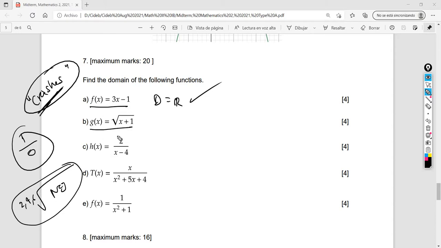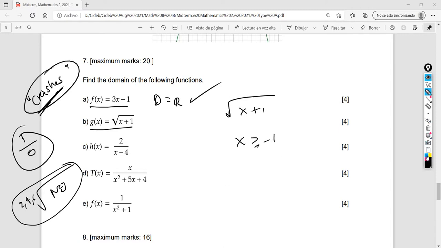What about this one? You have the square root of x plus 1, right? And you can see by inspecting this radicand that you can give x any value greater or equal than -1.